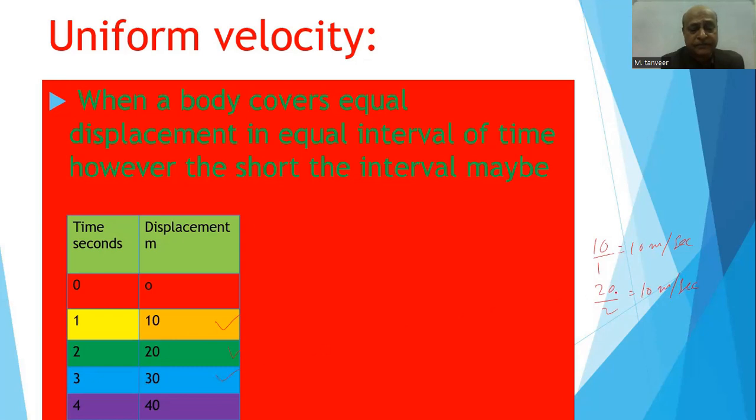Third case, time is 3 seconds, displacement is 30. 30 divided by 3, you will get again 10 meter per second. In the fourth case, time is 4 seconds and displacement is 40. So your answer will be 40 divided by 4, which is equal to 10 meter per second. In each case, velocity of the body is the same.